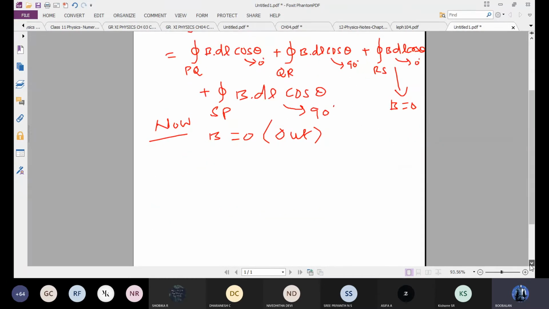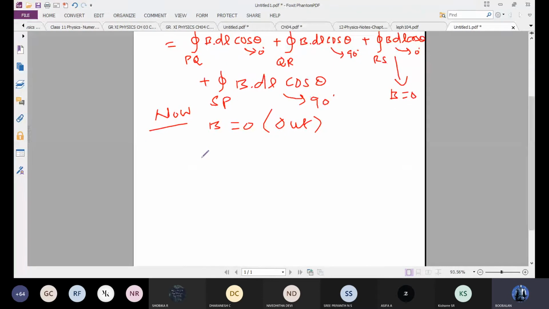Closed integral B dot dl equals integral PQ.